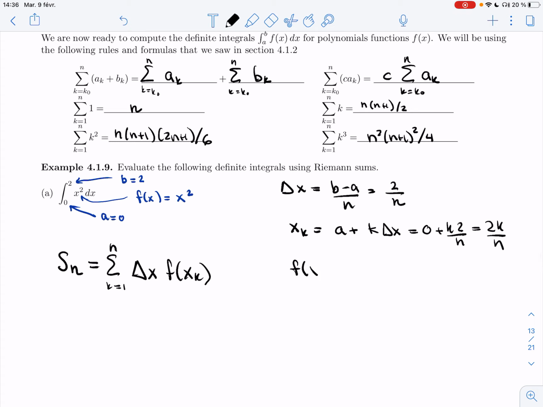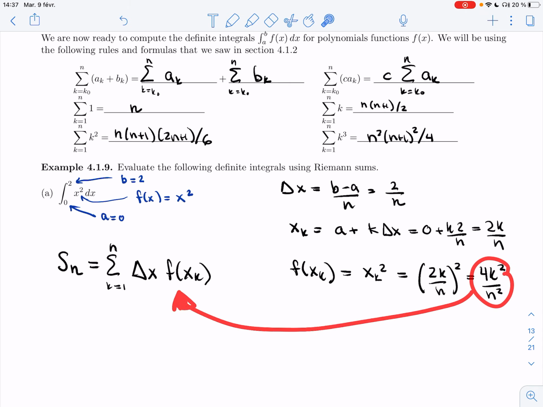So f of xk in this case is just xk squared. Whatever I have here, I square. So 2k over n gets squared, and I have 4k squared over n squared.